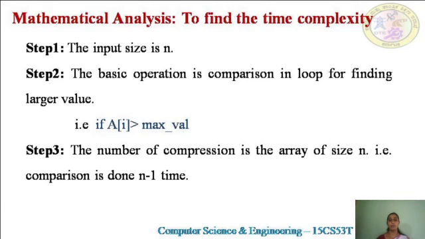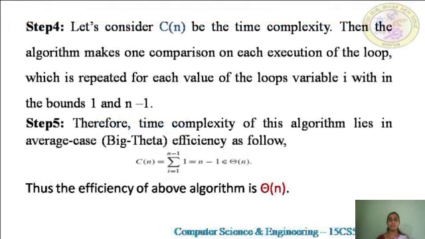Since in the for loop exactly one comparison operation is executed at each iteration, therefore the basic operation, comparison, is executed n minus 1 number of times, since i takes the value from 1 to n minus 1.